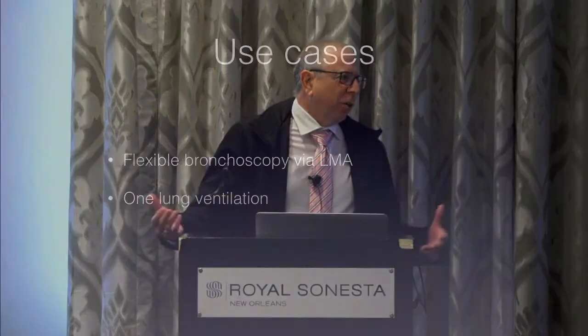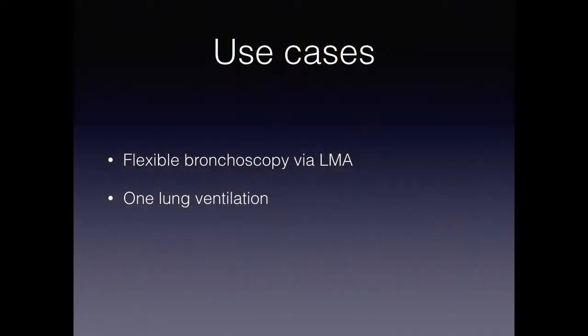Another area is one lung ventilation. This is the archetype for inhomogeneous lung. You think you're eliminating CO2, but you're not eliminating it as well as you think you are. You start seeing a divergence of these two measures, and you've got a problem. You need to address that problem.